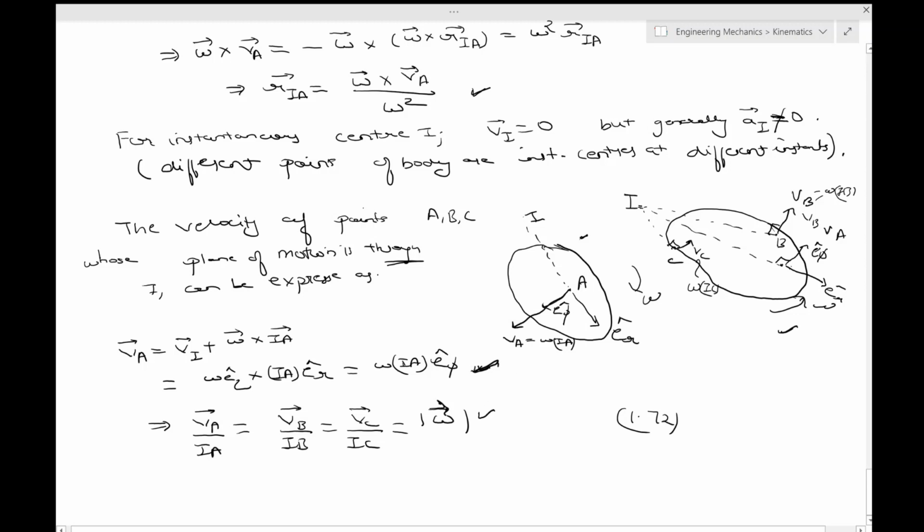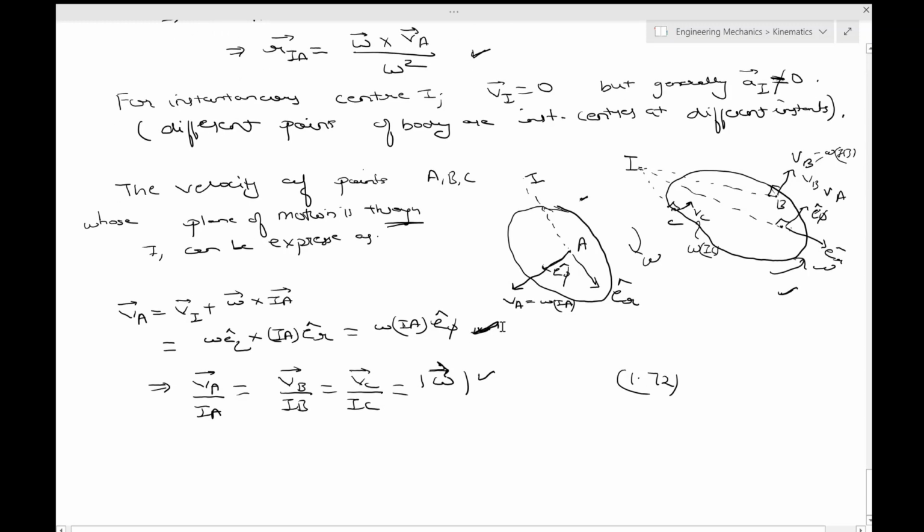And the direction of VA, as you see, is along the direction of E5, and how you can achieve this is by a suitable rotation. So let me write that in words. Focus on this diagram when I write this.